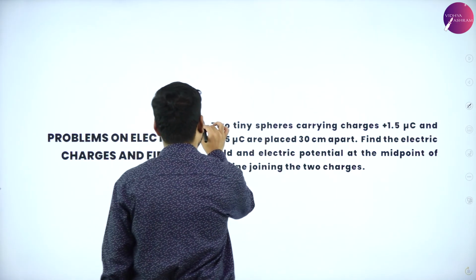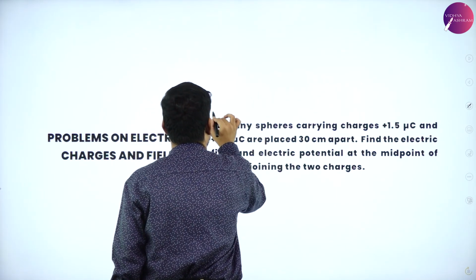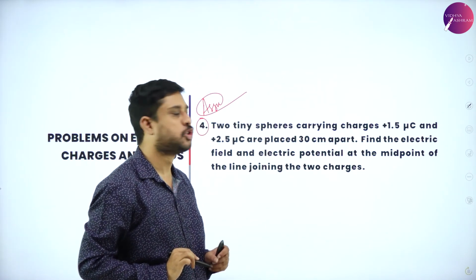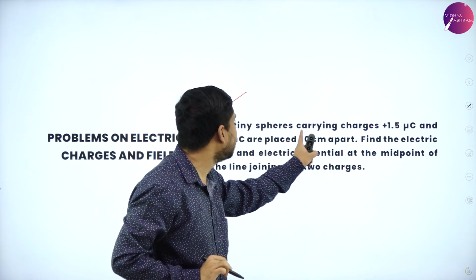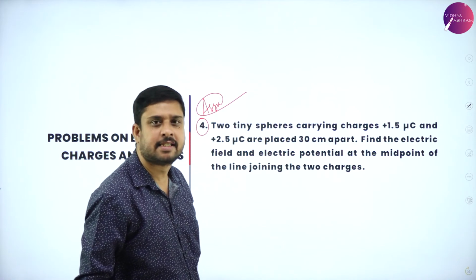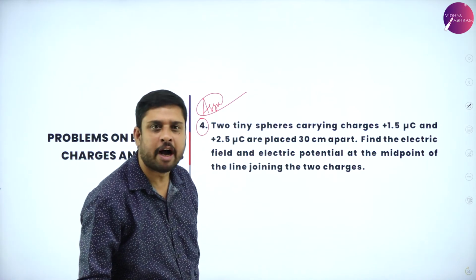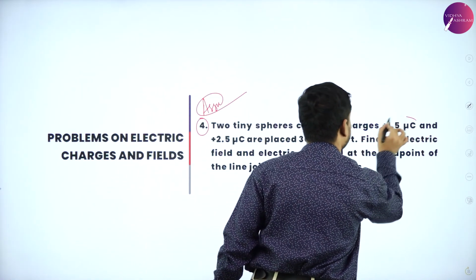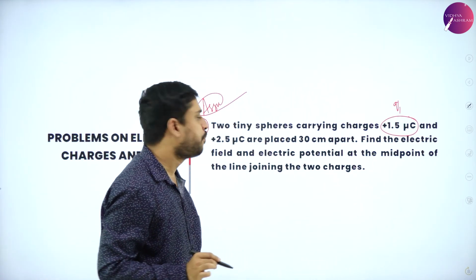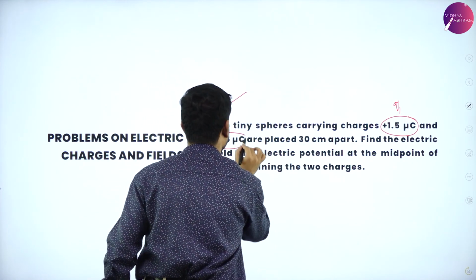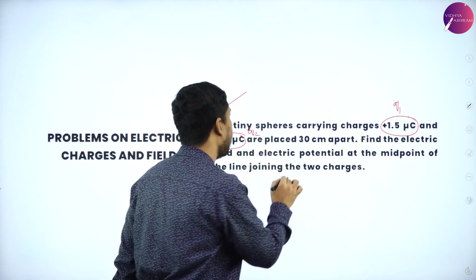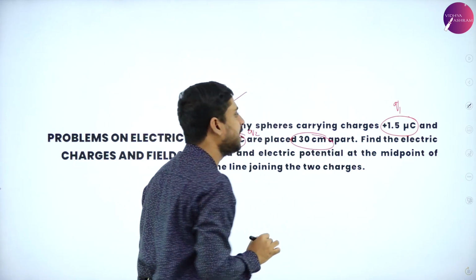This is an assignment problem for you. I've already done this in the previous session. I want you all to solve this. 2 tiny spheres carrying charges plus 1.5 microcoulomb, Q1 is given, and plus 2.5 microcoulomb, Q2 is given, are placed 30 centimeter apart.